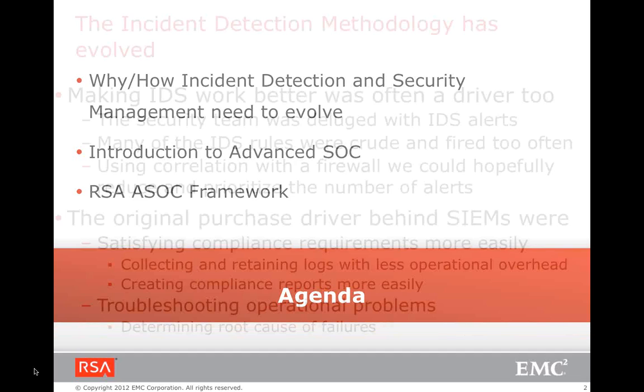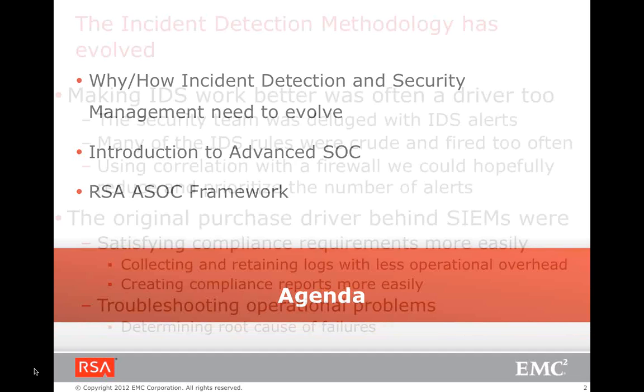Those intrusion detection systems were matching a whole bunch of patterns, and they started throwing off a whole lot of alerts. We very quickly realized that there were a whole bunch of false positives that we were dealing with. Around 95% of the warnings that the intrusion detection system was throwing up were not really useful.